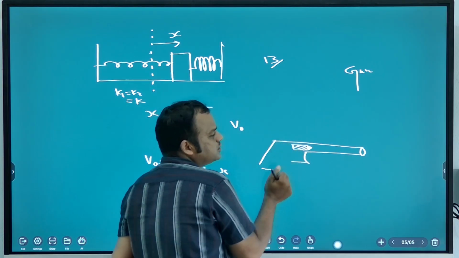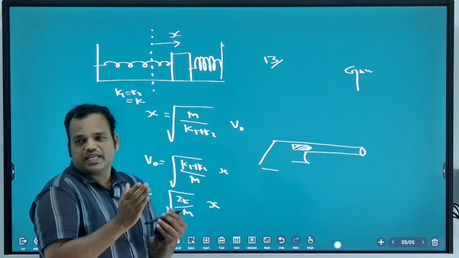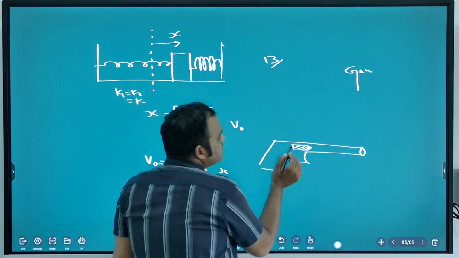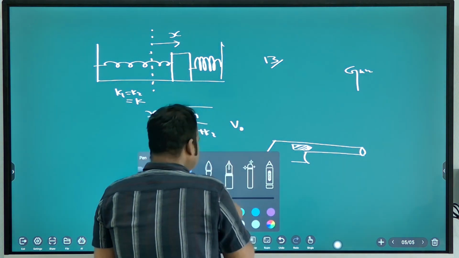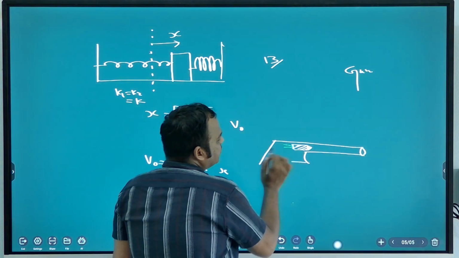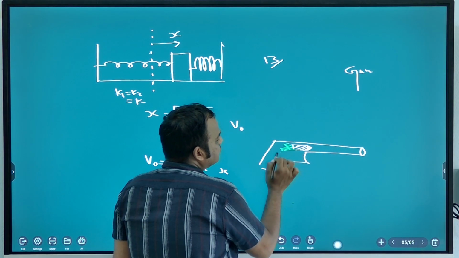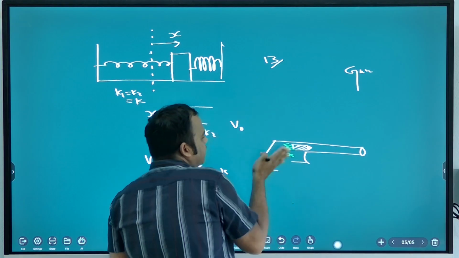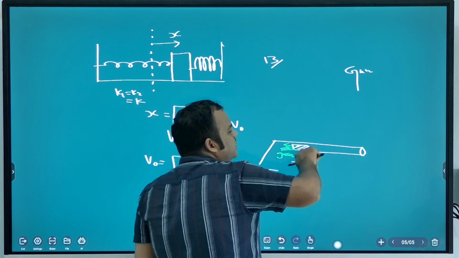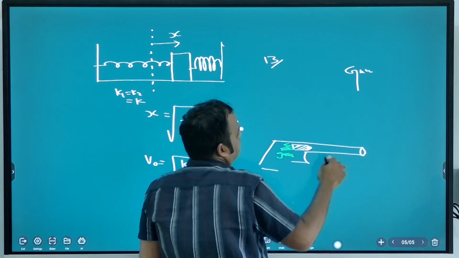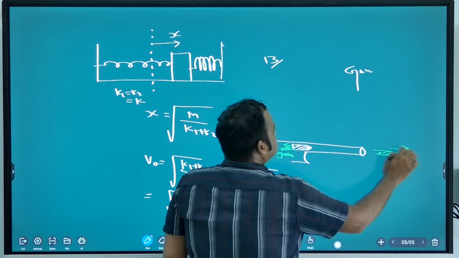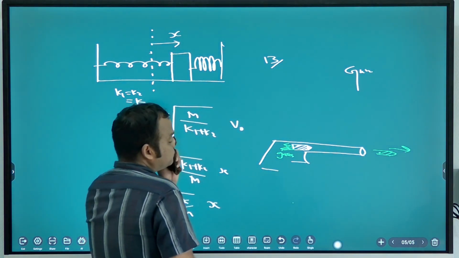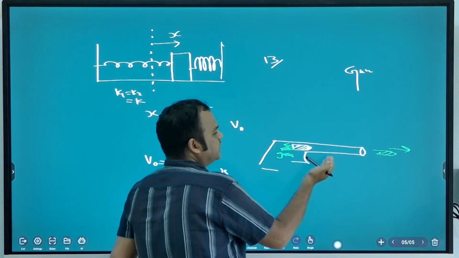Explosion happens. So when explosion happens, gases are released forward or backward? Backward. So gases are released backward. So the bullet will be released where? Forward. So the bullet will come out. Okay, understood? So physics is involved in this.